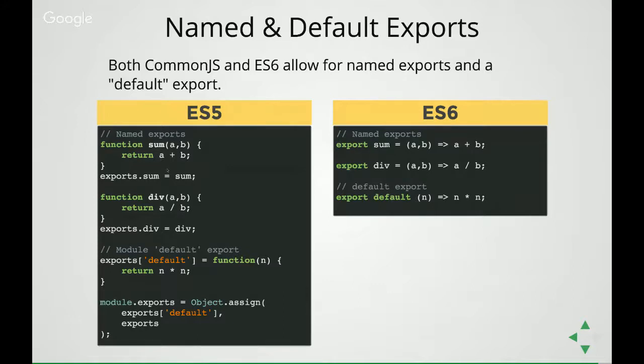And then on that module is a property called exports, which itself is an object, which should contain the properties that you want to export as part of that module. Now, when I say exports.div, and I'm assigning there, exports is the same as module.exports. The only difference with the default exports is that I have to have a property on there that is a default.